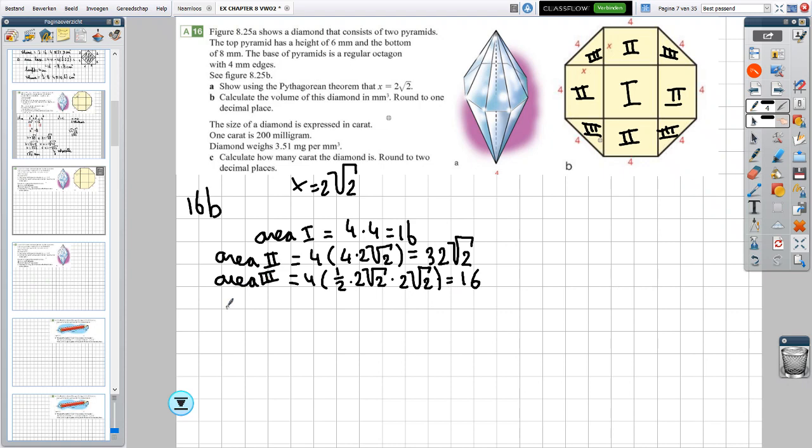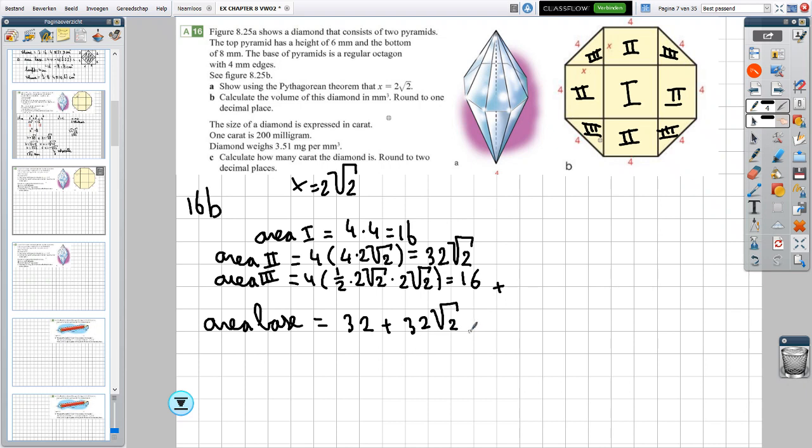Now the total area of the base is going to be those 3 added, right? So that's 16 plus 16 plus 32 square root 2. So it's 32 plus 32 square root 2.